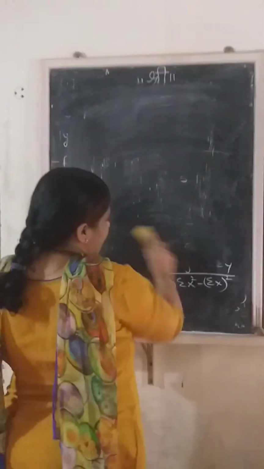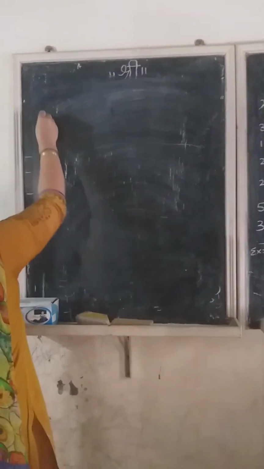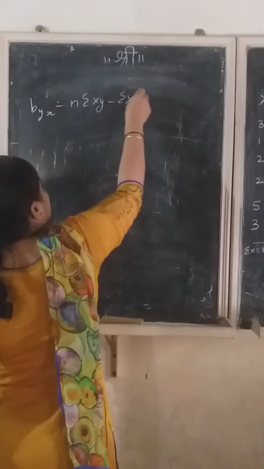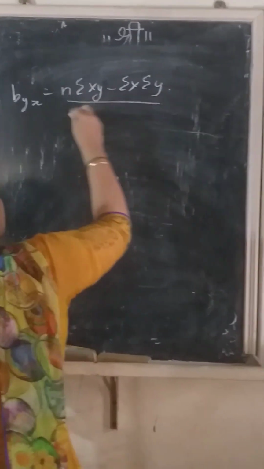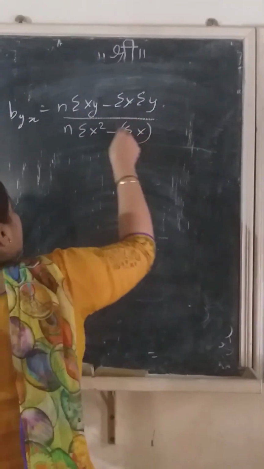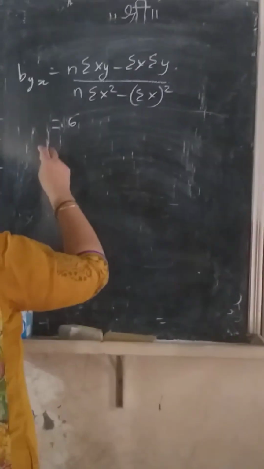So I rewrite my formula here. Right. So I substitute the values. N value is 6.